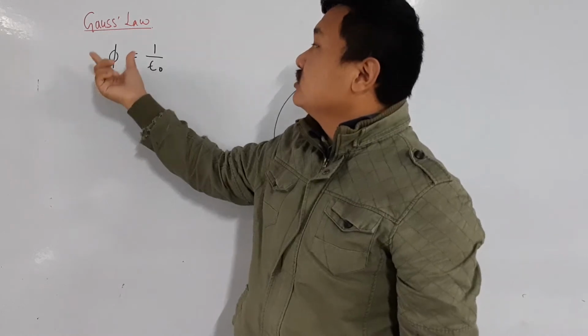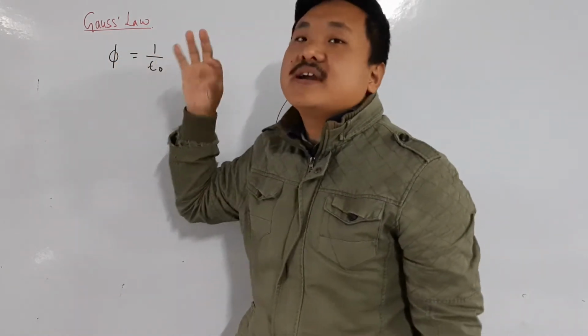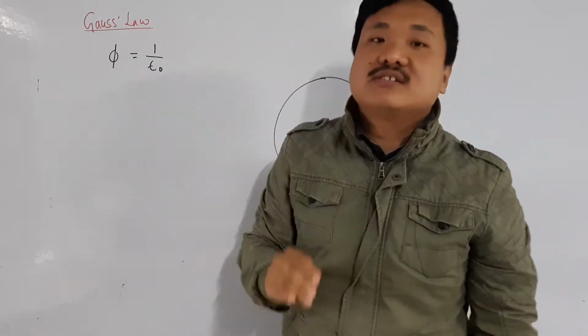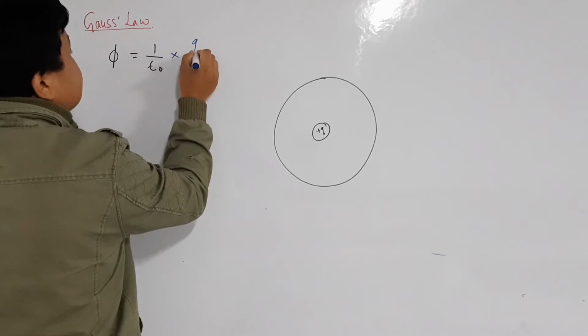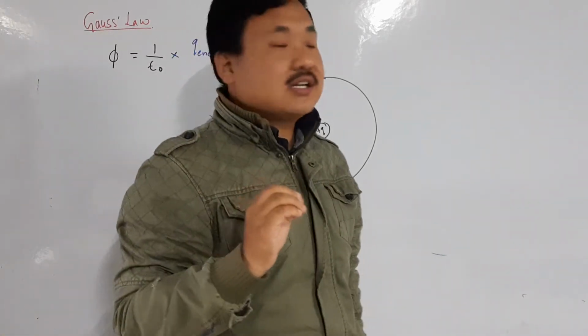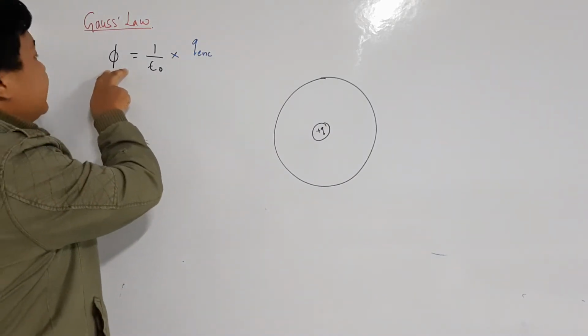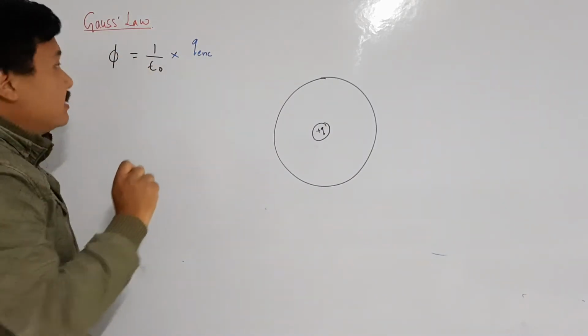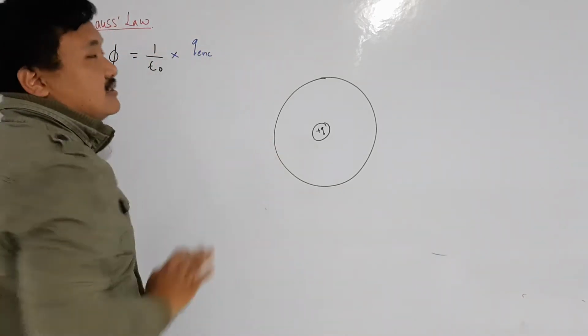The electric flux is equal to 1 by epsilon naught times the charge enclosed.